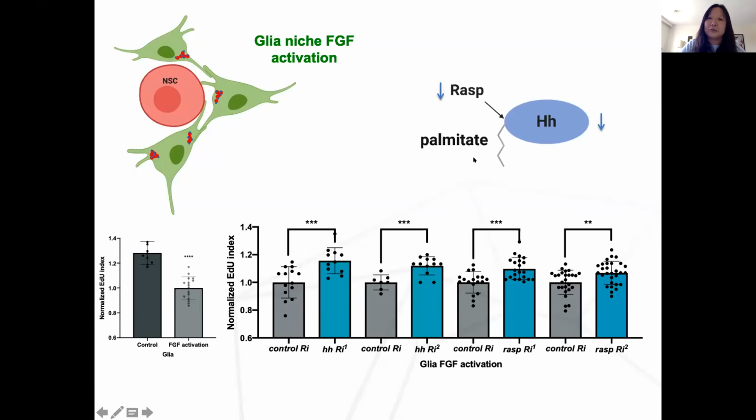And what she saw by RNAi against RASP is that palmitoylation is indeed important. If you don't have a palmitoylated form of hedgehog, then the hedgehog molecule cannot signal to the neural stem cells to affect its cell cycle speed. So this really lies downstream of glia FGF activation.